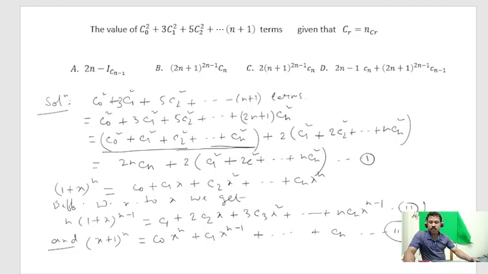Now come to the next page. We multiply 2 and 3.